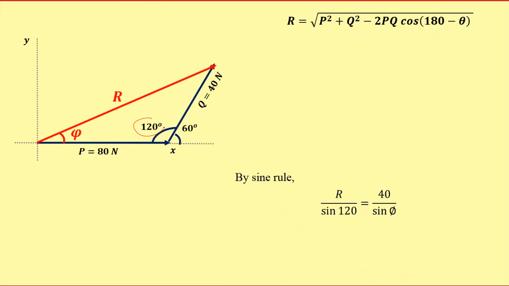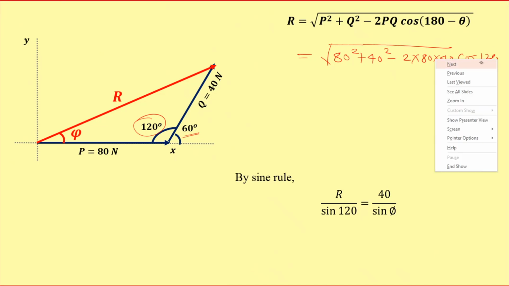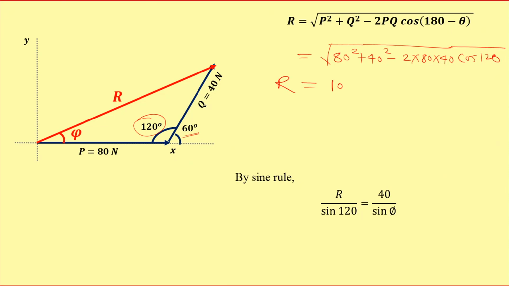It is the interior angle. So we are simply subtracting the 60 degrees, that is theta, from 180. So put this value: it is 80 square plus 40 square minus 2 times 80 into 40 cos of 120. By simplifying, you will get this value as 105.8 Newton.